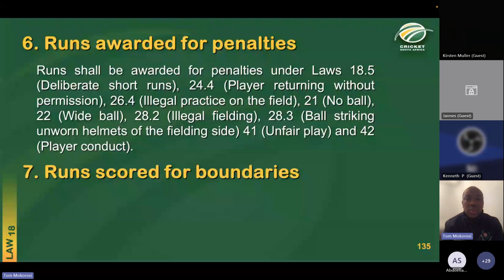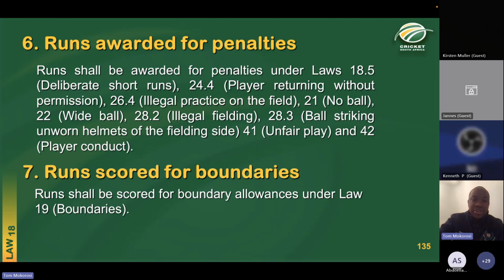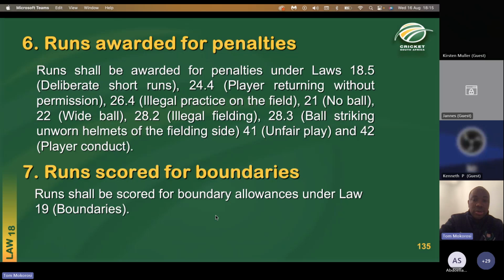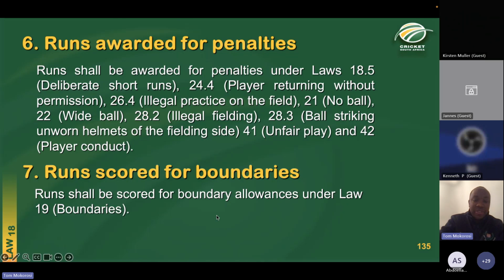As mentioned, we do not cover laws 41 and 42 in the level 1 course. They are not examined. However, they are in this presentation, so you're welcome to have a look at them in your own time. As mentioned, the boundaries have a law on their own, and I shall be covering that next.